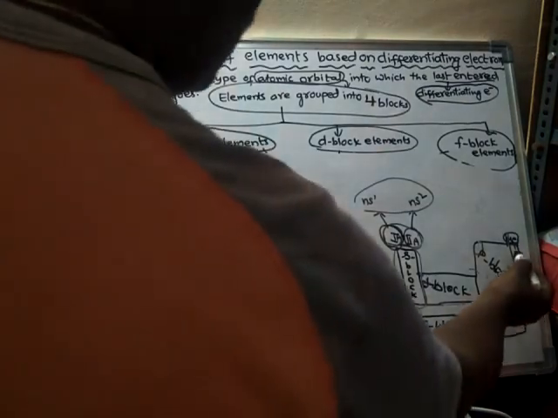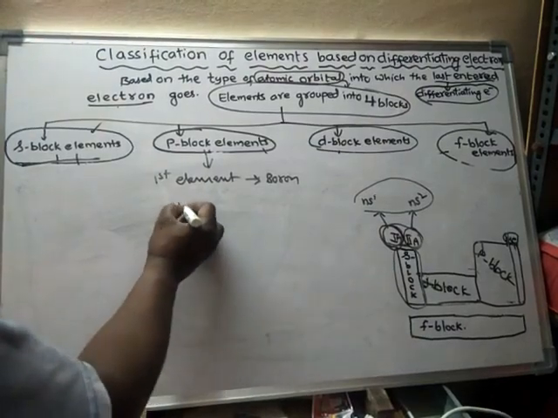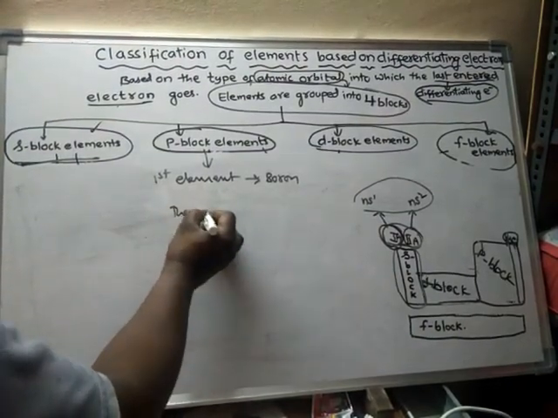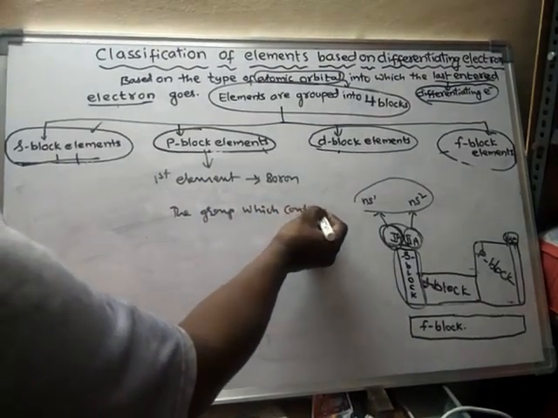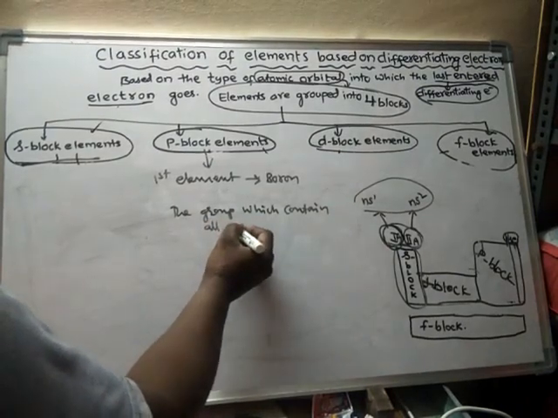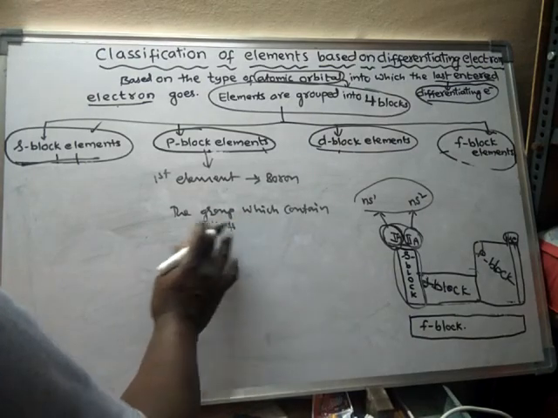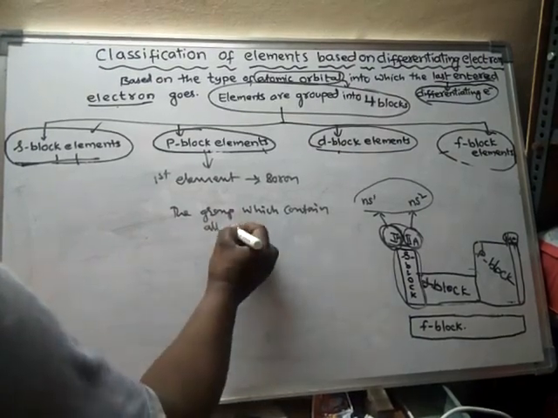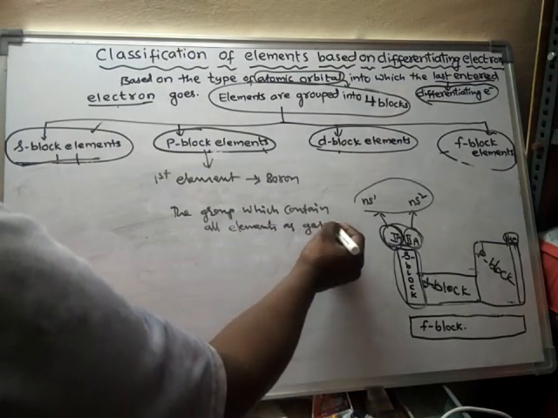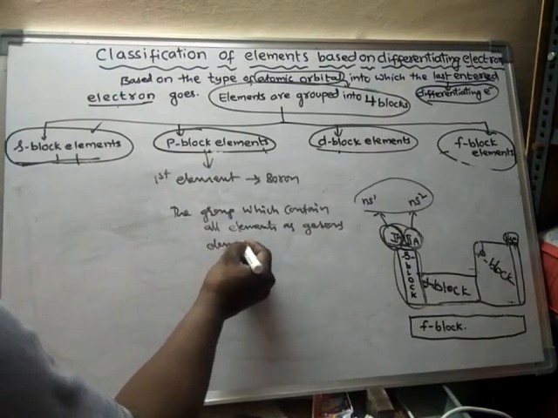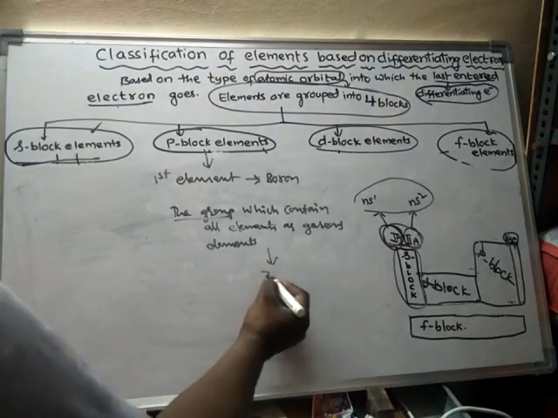In the zero group of P block there is a specialty. The group which contains all the elements as gaseous elements is the zero group.